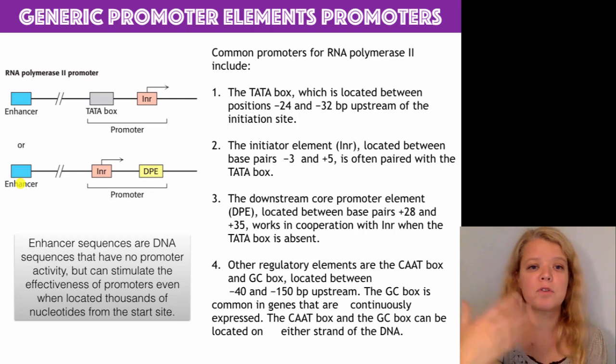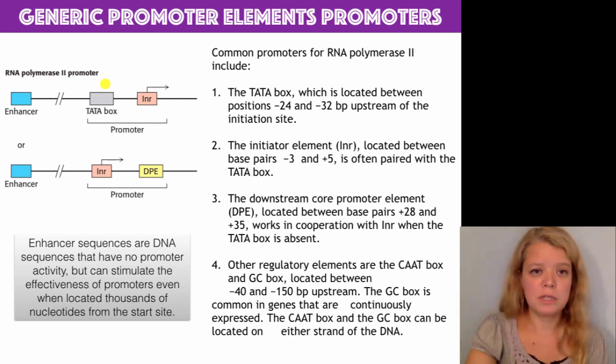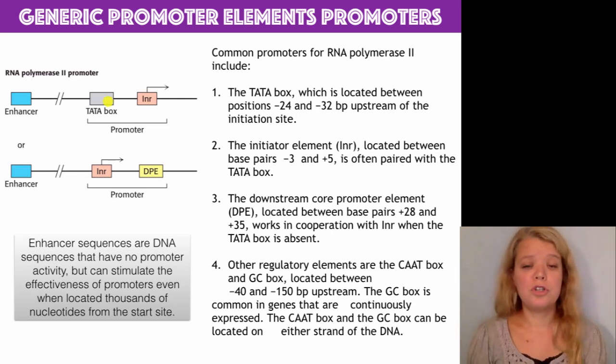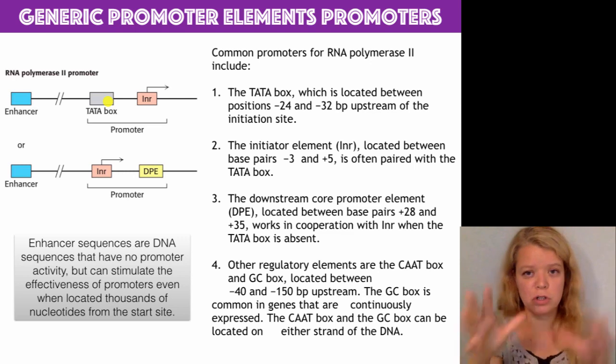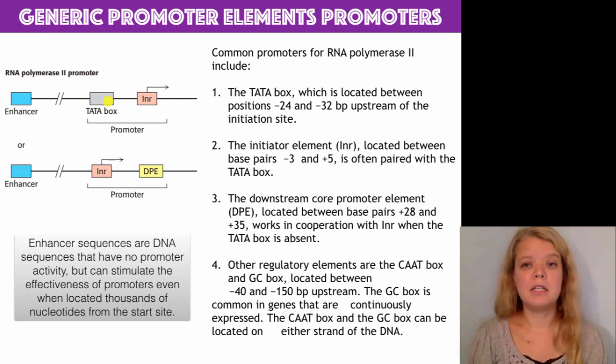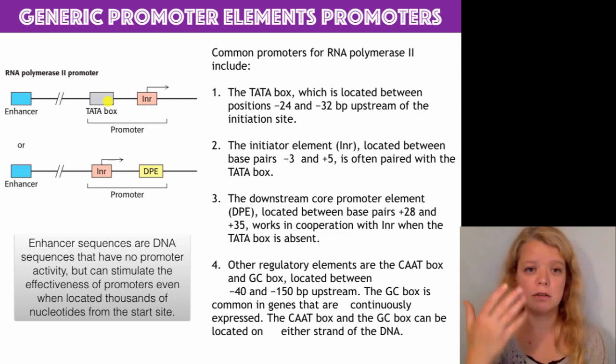They cannot themselves recruit RNA polymerase, but they affect the occupation, the availability of the DPE or the TATA box sequence. They make it visible to the generic TATA binding protein and the rest of the transcription factor assembly that needs to be there before RNA polymerase can sit down and go.